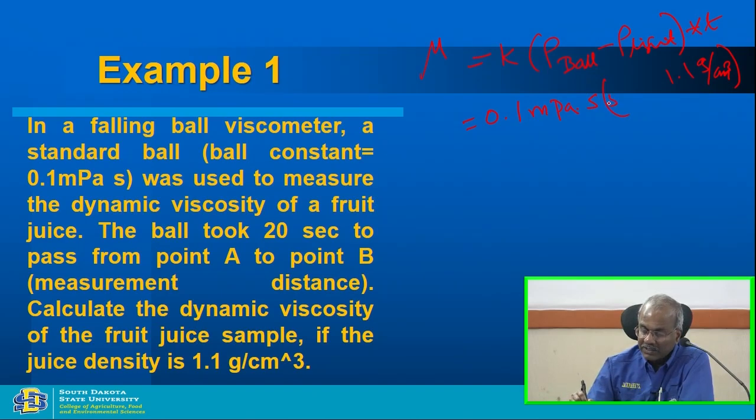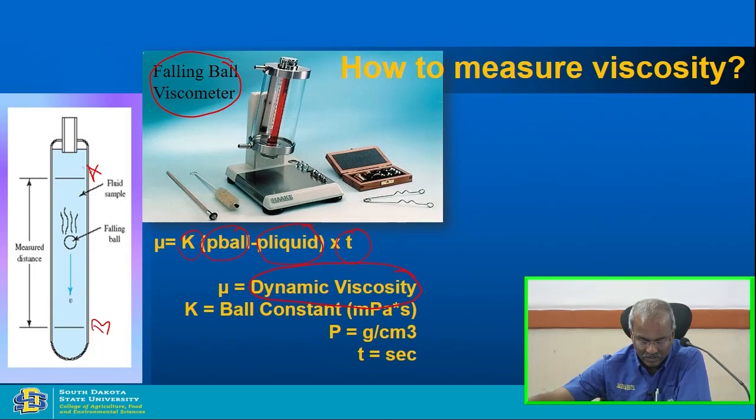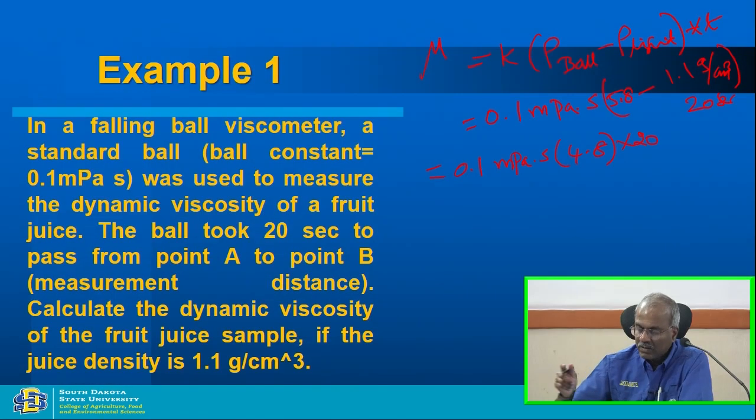The density of the ball is not given here, but I know for sure it's 5.8. So time is 20 seconds. Four point eight. Pardon me? Oh, 4.7.